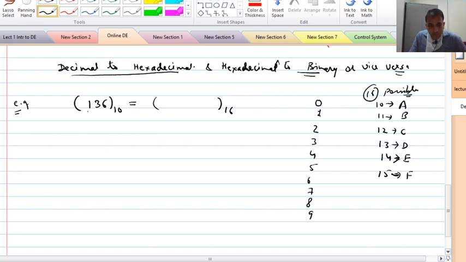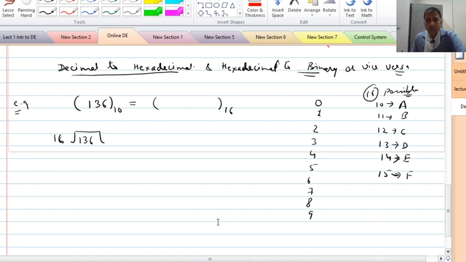So, for this case we have to divide it by 16. We will get 8 times here, that is 128, and we will be left with only 8.